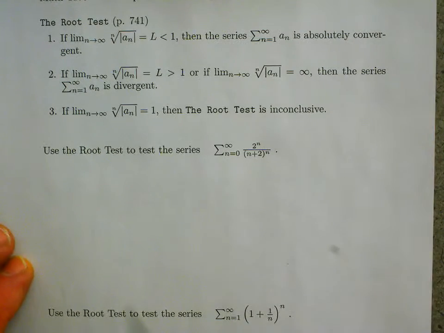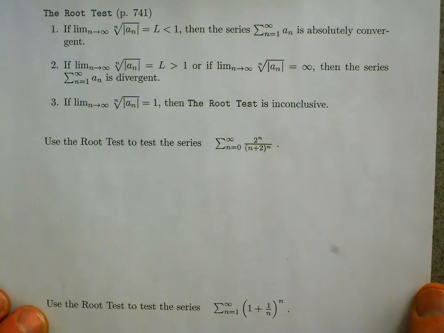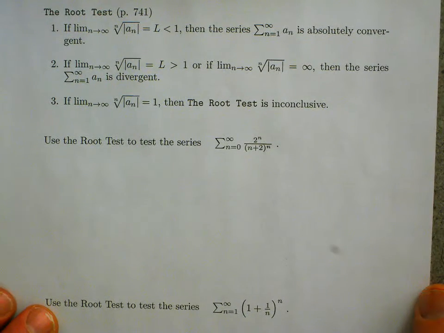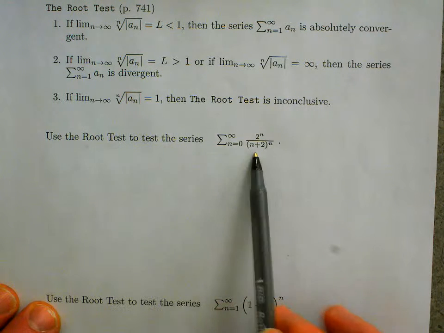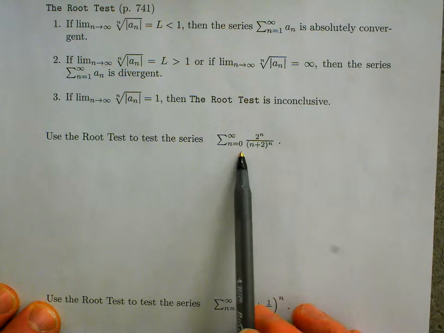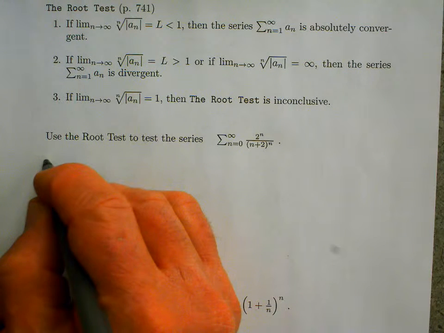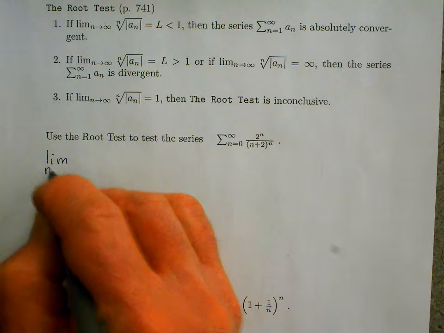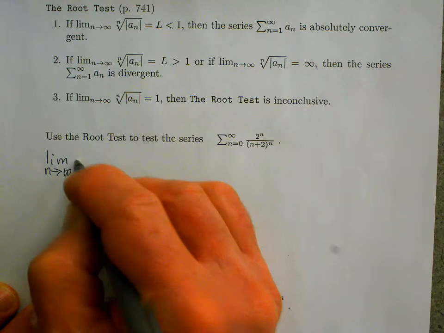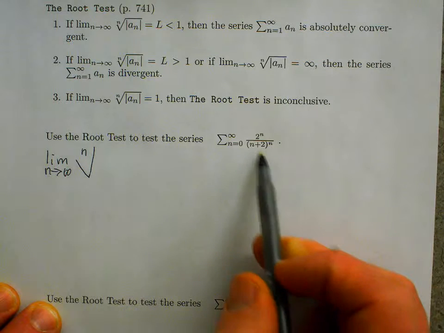So the root test usually works pretty nicely in the examples you'll see. So use the root test to evaluate this series. So the limit as n approaches infinity of the nth root. Well, all of the terms are positive.